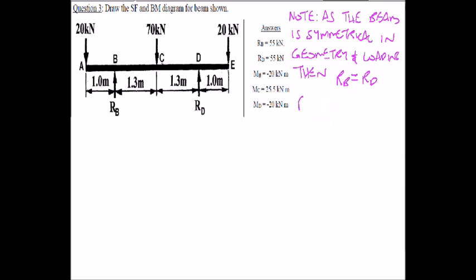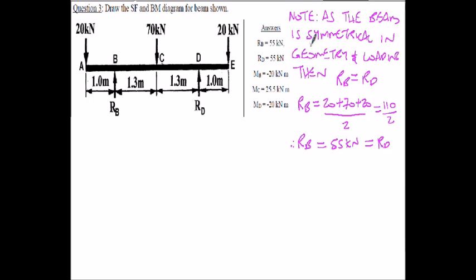So in this case, RB will equal 20 plus 70 plus 20, all divided by 2. So adding them, that's 110 divided by 2. So RB is equal to 55 kilonewtons, and by symmetry that's the same as RD.